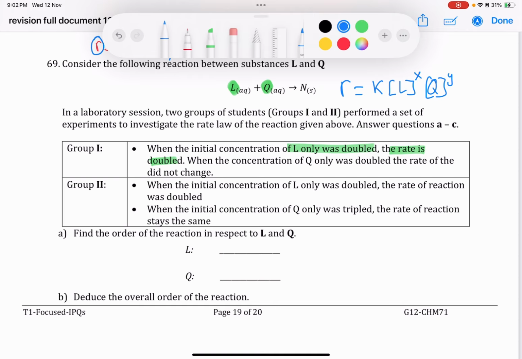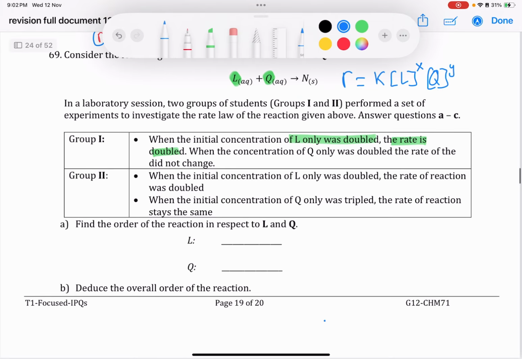L doubled, rate doubled. It means that L is first order. When the concentration of Q doubled, the rate did not change. It means that Q is 0 order. Now again, let's read the findings of group 2.